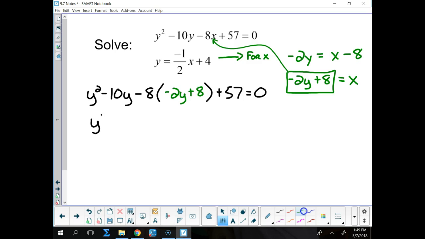So that's going to be y squared minus 10y plus 16y minus 64 plus 57 equals 0.